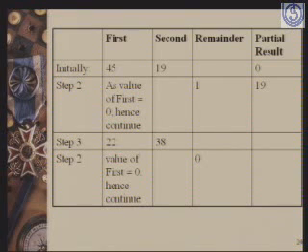So initially the partial result is taken as 0. Now what we do? First of all, we check whether the number under first is 0 or not. Once the number under first becomes 0, we stop, and whatever is under partial result is taken as the final result.